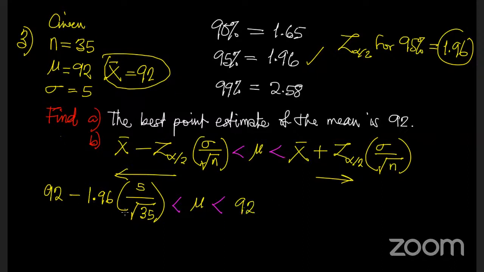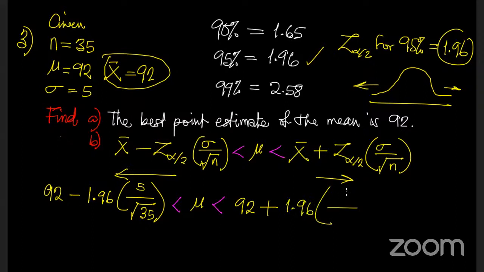We're repeating the left-hand side, but instead of minus, we make this plus because it's a range from the left-hand side to the right-hand side. This is the left-hand side, and that's the right-hand side. So there's 92 plus 1.96 times 5 all over square root of 35.